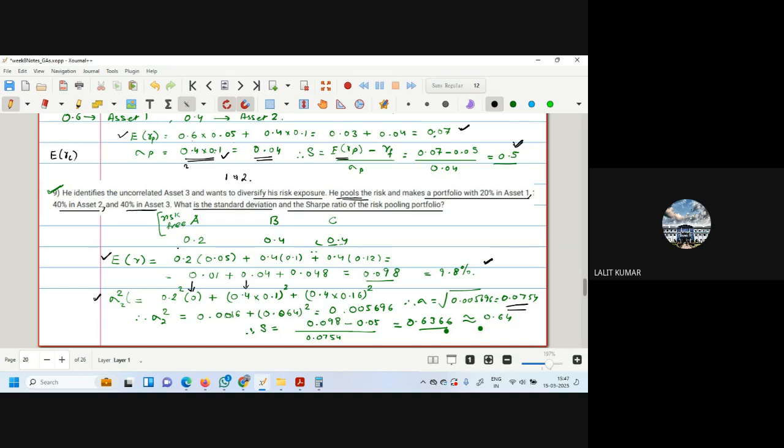Now you put it in the formula for the Sharpe ratio, expected total return minus RF divided by the standard deviation of the portfolio. So the expected return we know, the RF has been given to us and we have calculated sigma. So we have found the Sharpe ratio value. Is this okay?